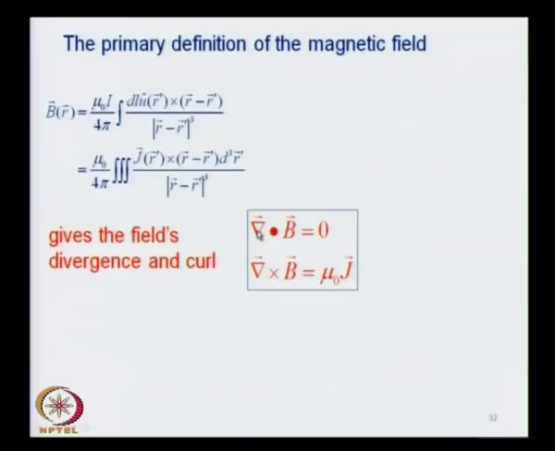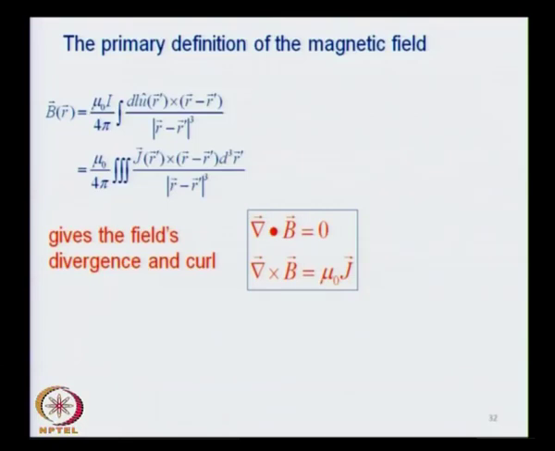operator, write it down explicitly no matter what coordinate system you are using, and all you do is use the primary definition of the magnetic field, which is given by a law which has got some resemblance to the Coulomb's law. The resemblance is essentially in terms of the fact that both are based on the principle of superposition. Okay.